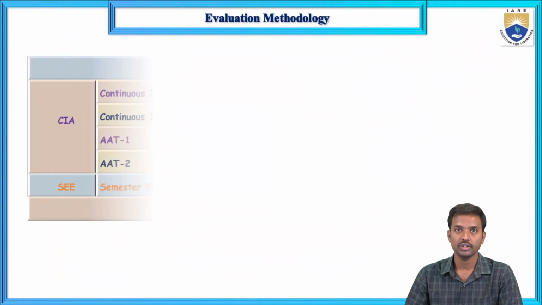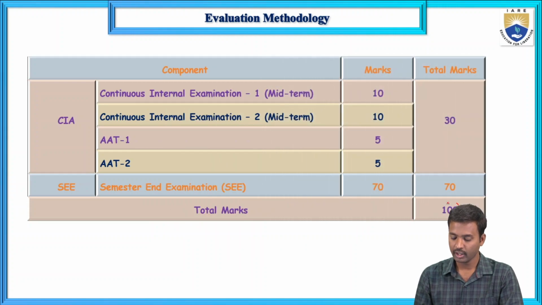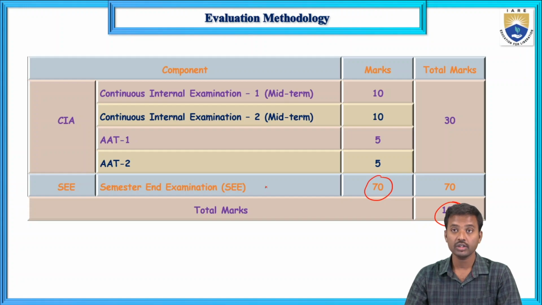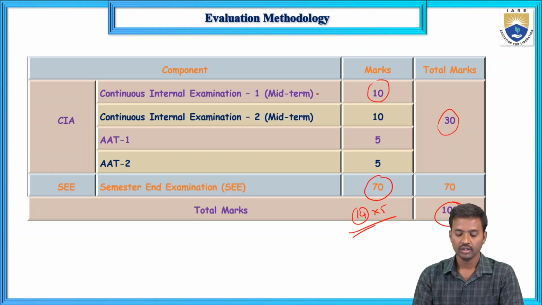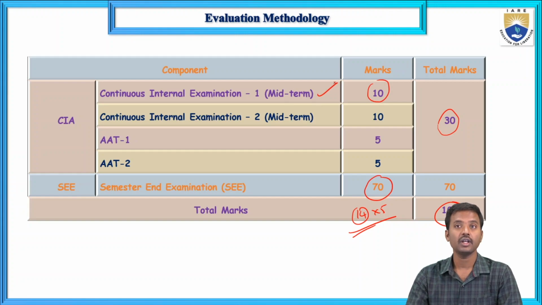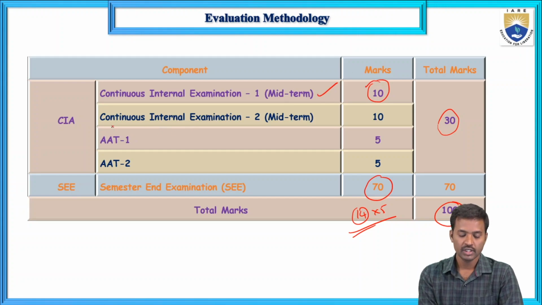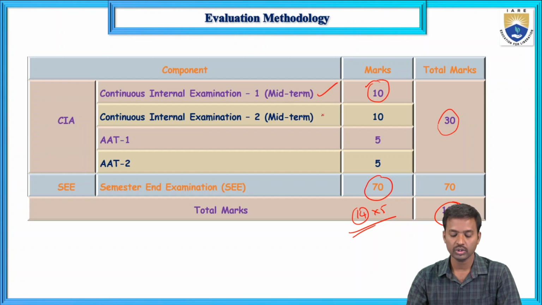Next, evaluation methodology. Total 100 marks: 70 marks for the semester end examination, of 3 hours duration. Each module carries equal marks, 14 into 5, and there may be a choice. The next 30 marks are divided into CIE 1, the continuous internal examination, that is the first mid-term, 10 marks, and CIE 2, that is mid 2, 10 marks, total 20.